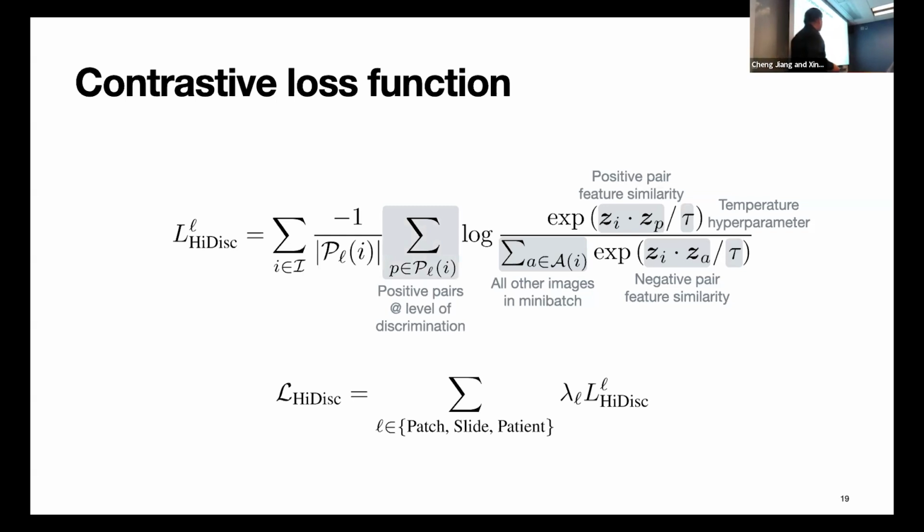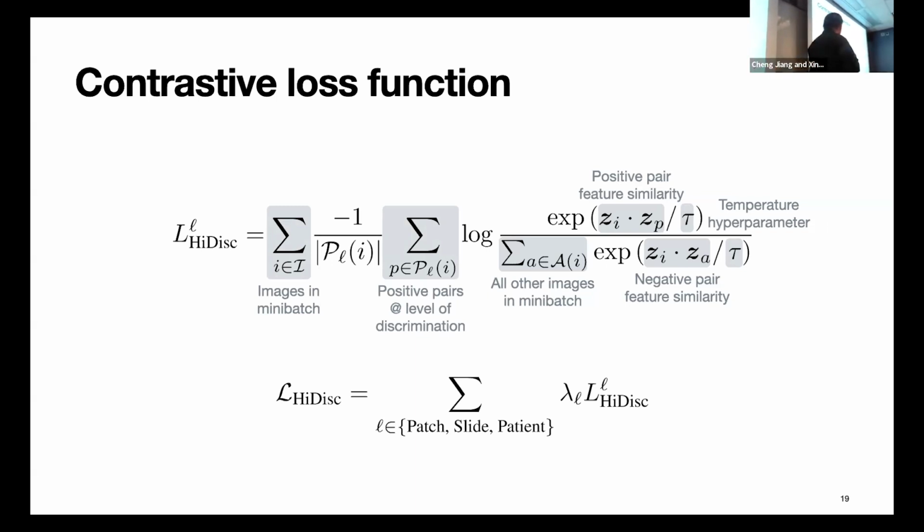What we do here is compute this loss over all the positive pairs at a certain level of discrimination, either patch, slide, or patient discrimination. We do that for all the images in our mini batch. For every image in our mini batch, we find all of the positive pairs at a certain level of discrimination and compute this contrastive loss.